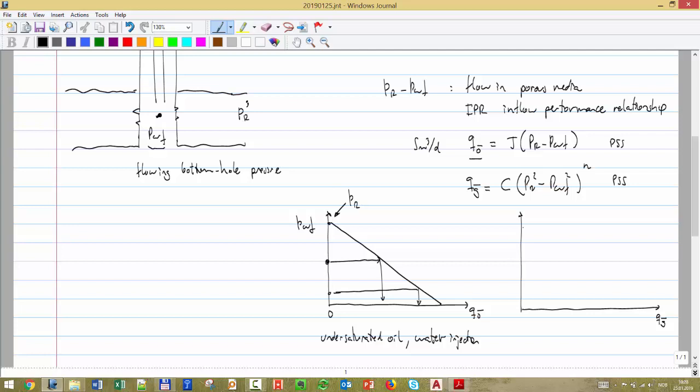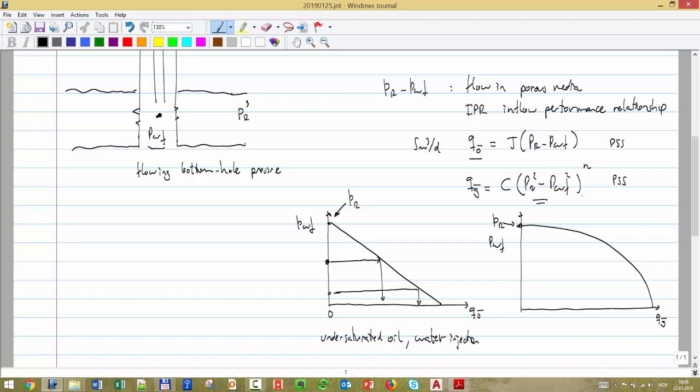Now, for the gas, it looks curved. Looks something like that. If you plot this back pressure equation, you get PWF here, and that point is PR. And that basically gives non-linearity to the equation for gas.